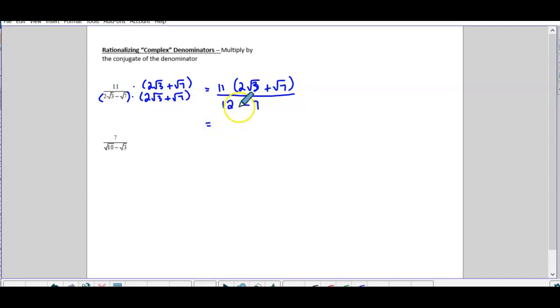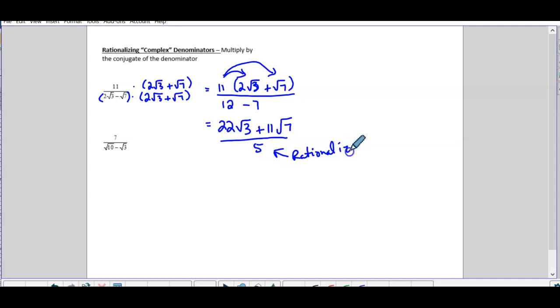And then I notice that'll give me 5, which doesn't divide into 11. So now I expand that out. So that'll be 22 root 3 plus 11 root 7 over 5. That's rational, right? So you've now rationalized the denominator.